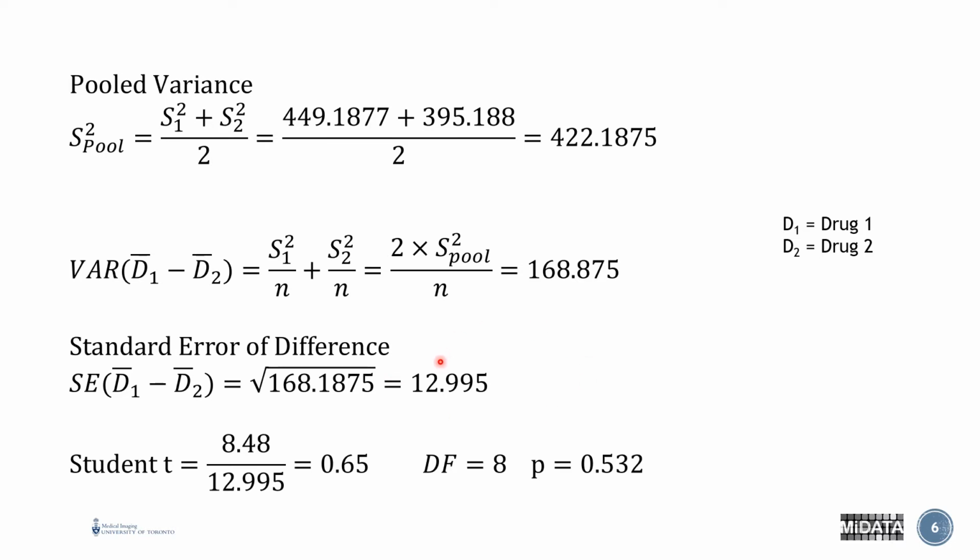So this is exactly what SAS found. Once again, the Student t-test is exactly the same, with a value of 0.65 and a p-value of 0.532. If you remember correctly, this is exactly what SAS gave us. So have a peek, go back and have a check just to make sure we're not lying to you. No, I'm kidding. We wouldn't do that.